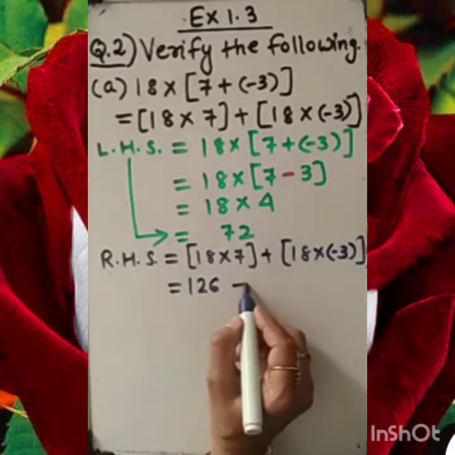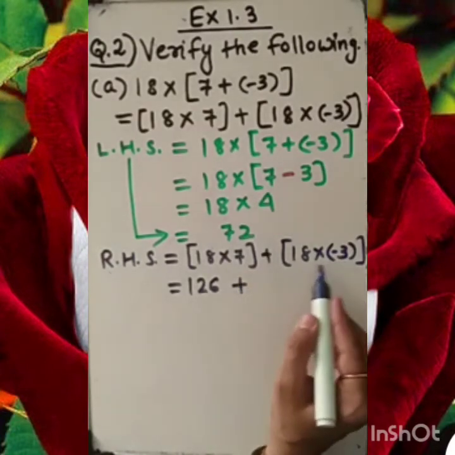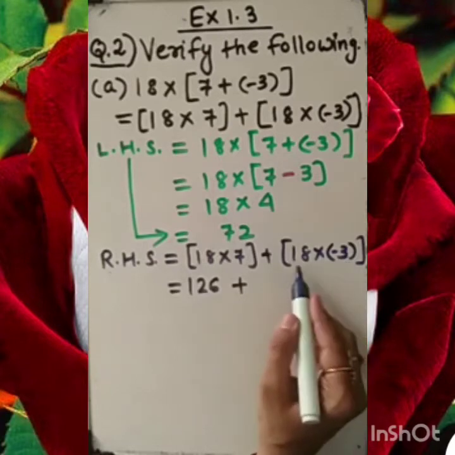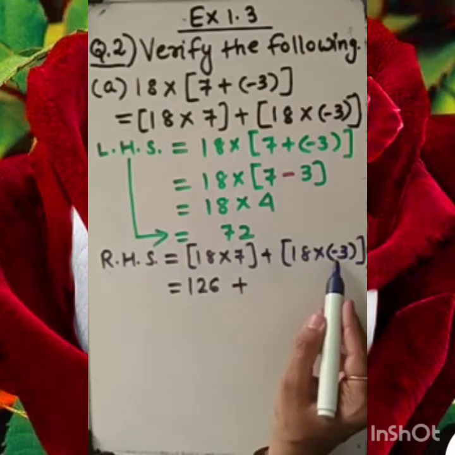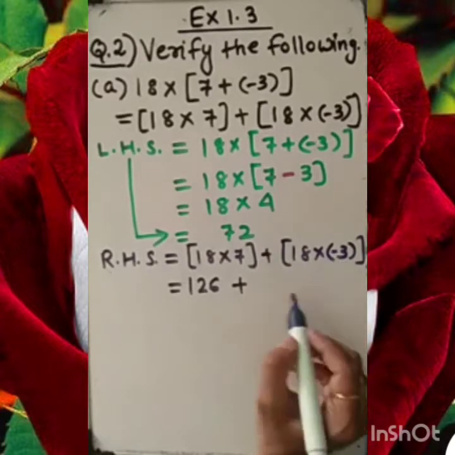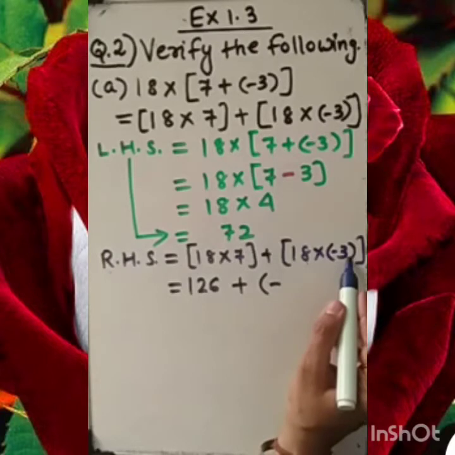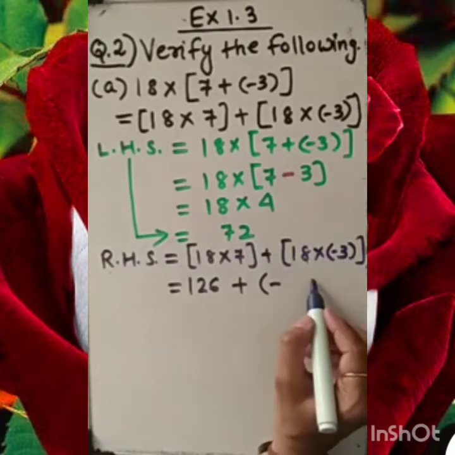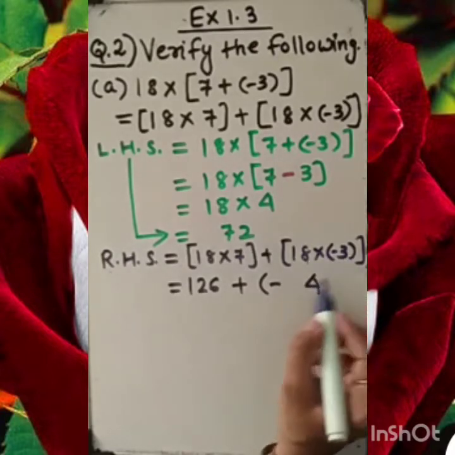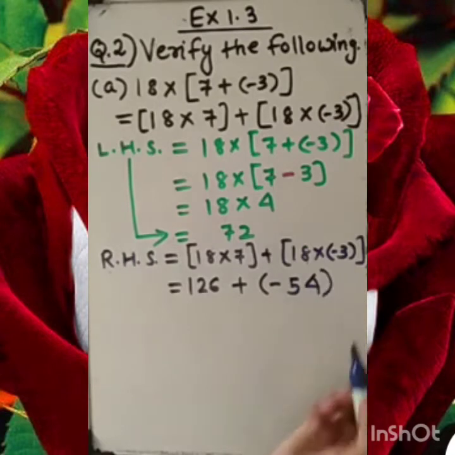Plus, here plus, but while performing the product of this, we know that here it is minus. You can see on your screen, here it is minus. So our answer will be in minus. 8 3s are 24, 2 carry over. So here 54.